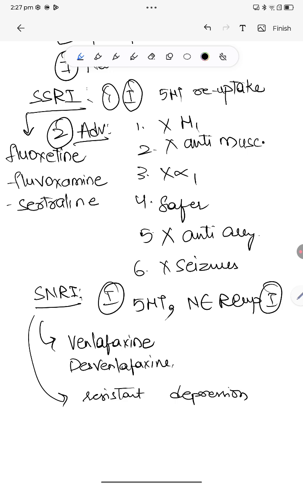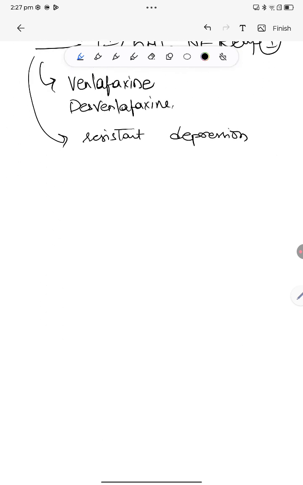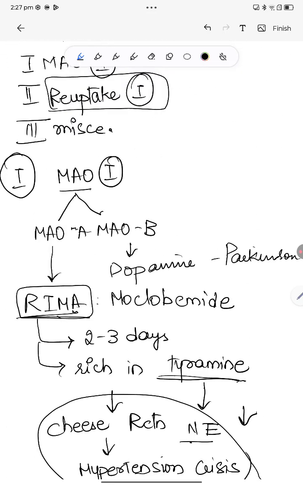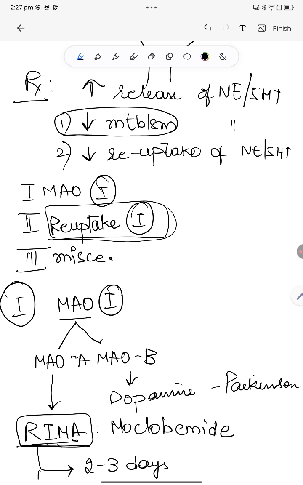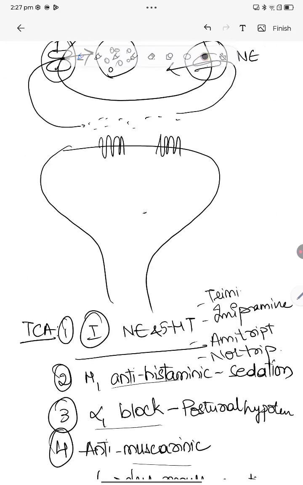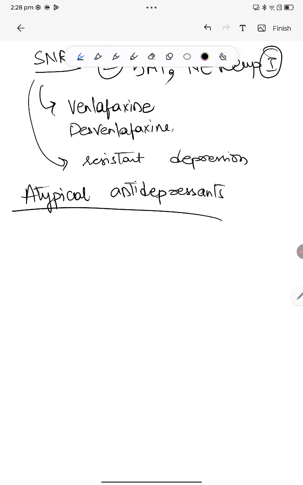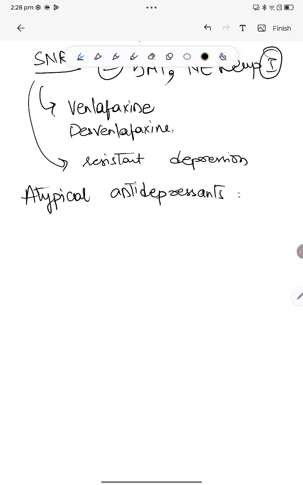Fine. Now, till now we spoke about drugs of the second group, that is reuptake inhibitors. Now we will talk about the miscellaneous groups. In fact, we label them as atypical antidepressants. These atypical antidepressants have various mechanisms.